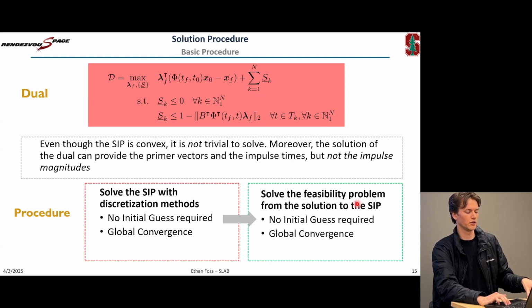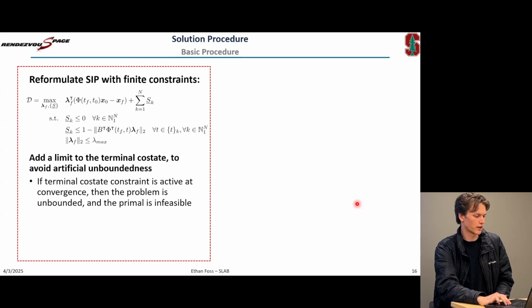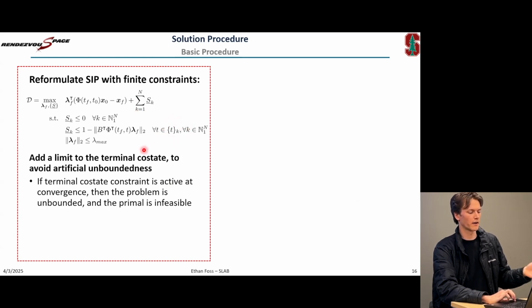And then after that, you solve the feasibility problem of the primal problem. So we slightly reformulate the semi-infinite program to consider discrete times. At every iteration of solving this optimization problem, we solve this problem sequentially, which means you can determine the global times over each time window and enforce a constraint at that time.